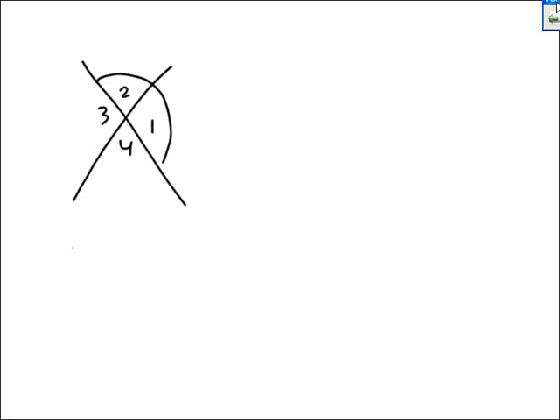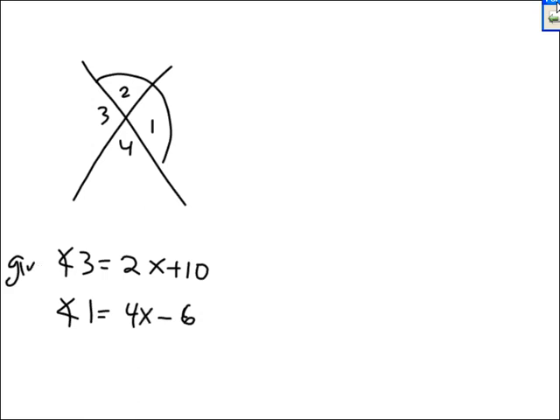So if you have something like angle 3 is equal to 2x plus 10, and angle 1 is equal to 4x minus 6, and you're asked to find angle 2.